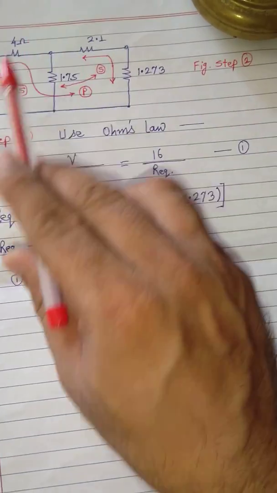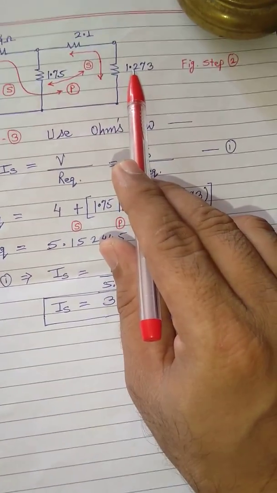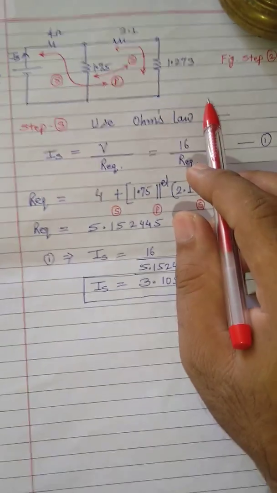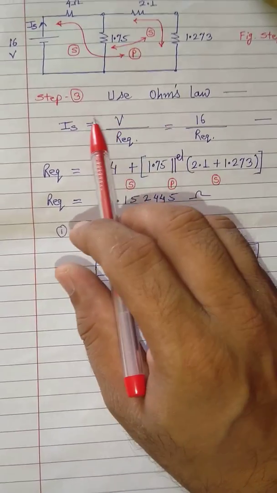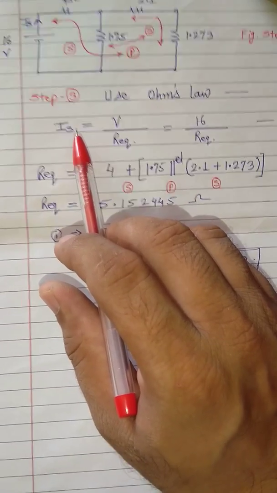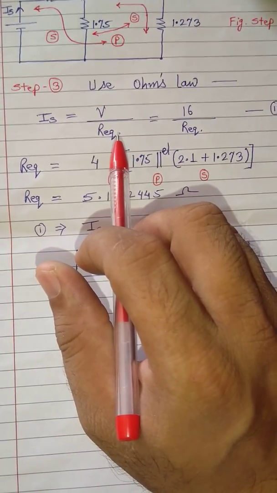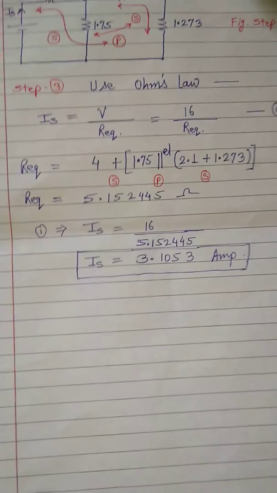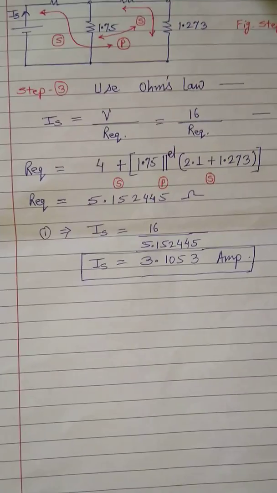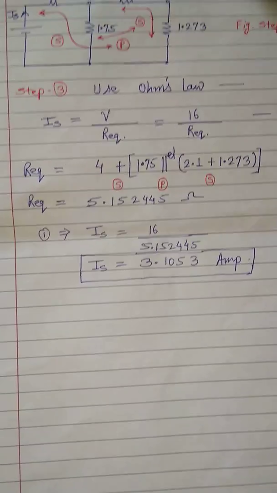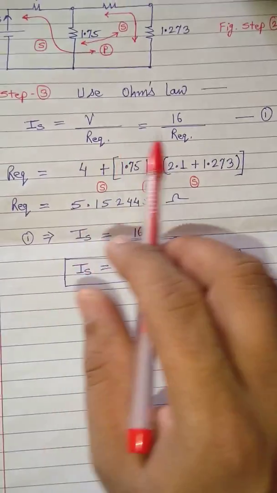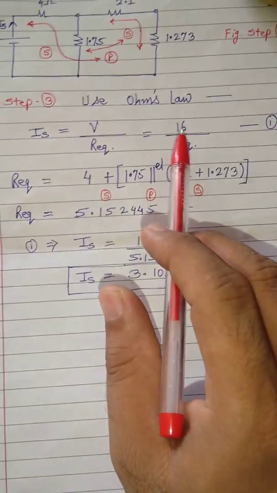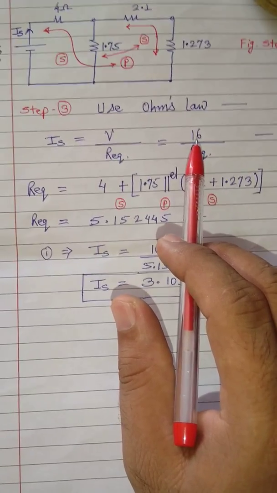Now let us solve this circuit by simple series and parallel combination again, where you can use Ohm's law in step 3 to get the final value of source current, which can be written as voltage upon R equivalent. So V upon R equivalent, say equation 1, where the voltage is known, which is 16 volts.